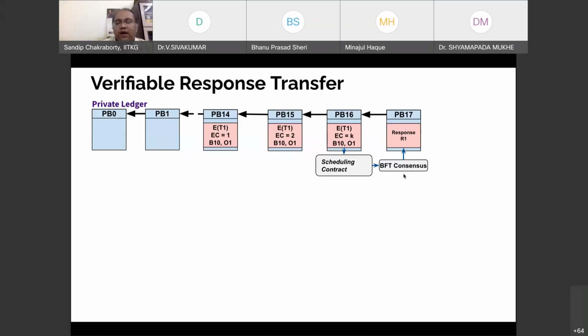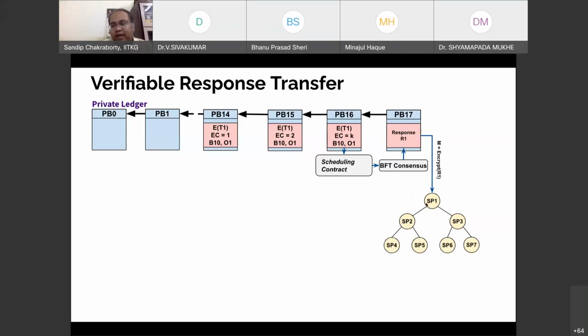Once we put the response back, it gets signed by multiple service providers with the help of the COSI protocol. This COSI protocol uses a three-tier architecture for collective signing. You can look into the COSI paper to understand how COSI works.